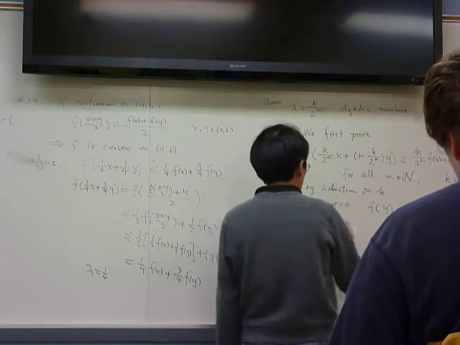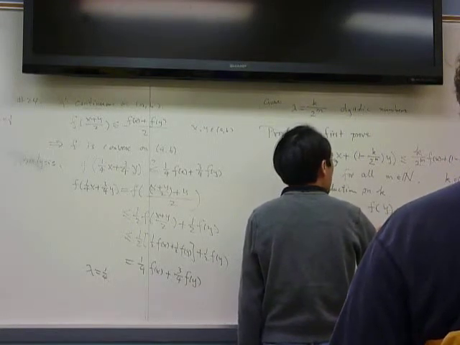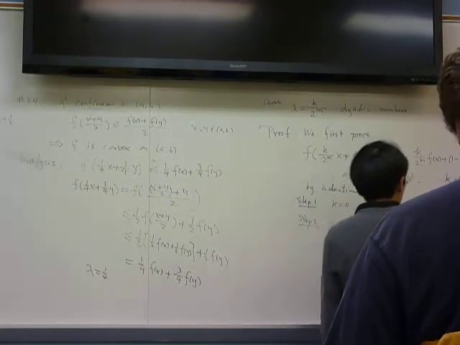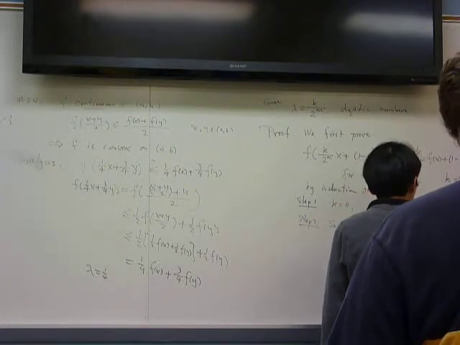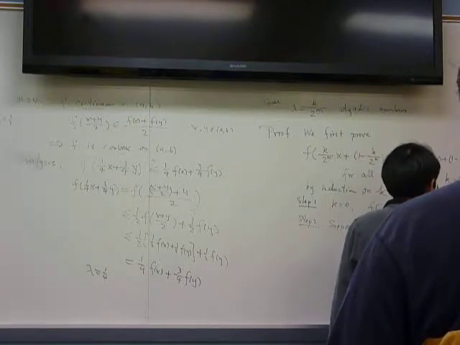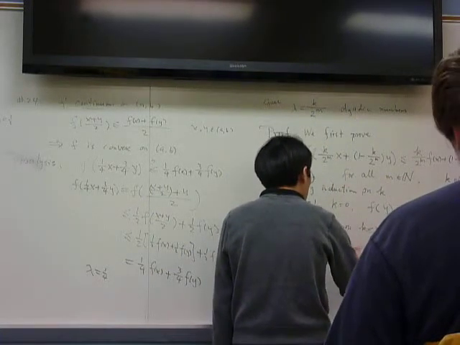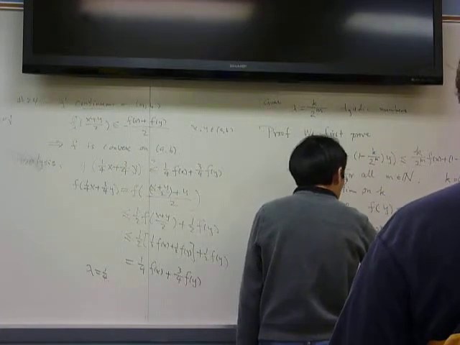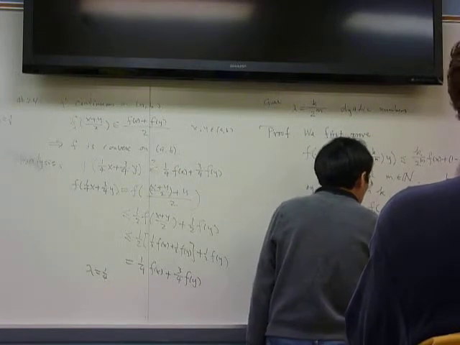Step 2, now suppose k is less than 2 to the m, and f of k over 2 to the m x plus 1 minus k over 2 to the m y is less than or equal to k over 2 to the m f of x plus 1 minus k over 2 to the m f of y holds.